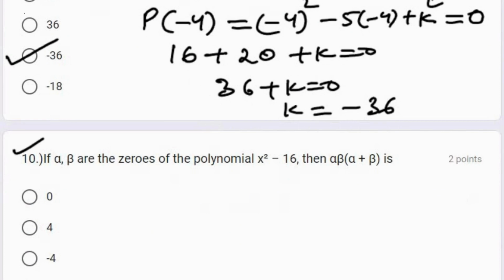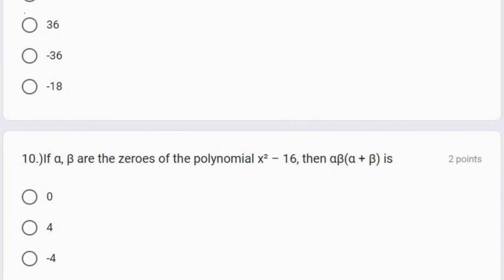Coming to 10th question. If alpha and beta are zeros of the polynomial x square minus 16, then alpha times beta times alpha plus beta is what? You know that alpha times beta, product of zeros is c by a, and alpha plus beta is minus b by a. So from our expression, we have to pick up just a, b, c, and we have to find the value. So the expression is x square minus 16.